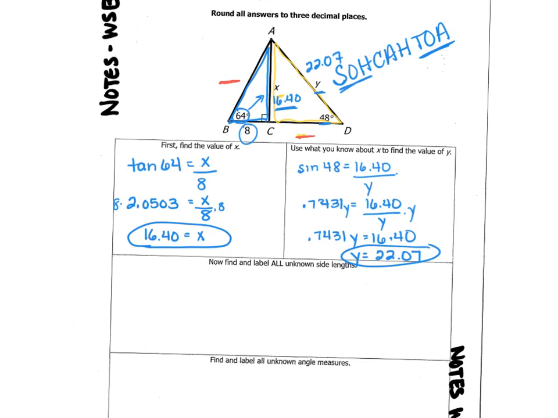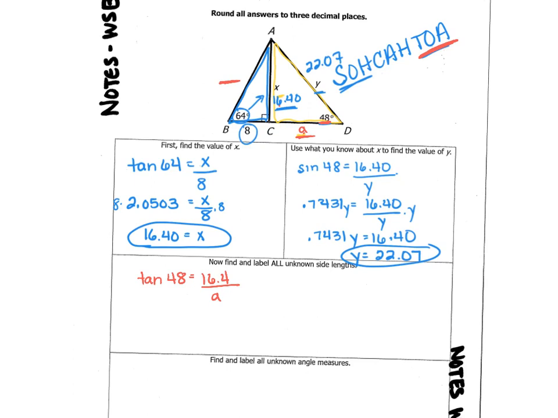So let's see, in relation to this 48 degrees, I have the opposite and I want the adjacent. Well, that's going to be opposite over adjacent, which is tangent. So tangent of 48 degrees equals the opposite, 16.4, over the adjacent. I'm just going to call that little a, just to give it a variable.